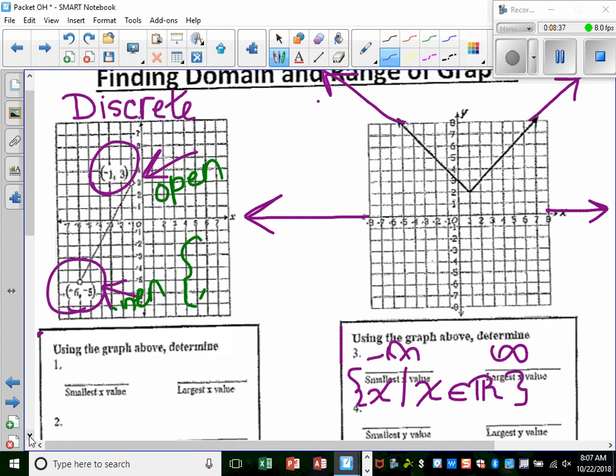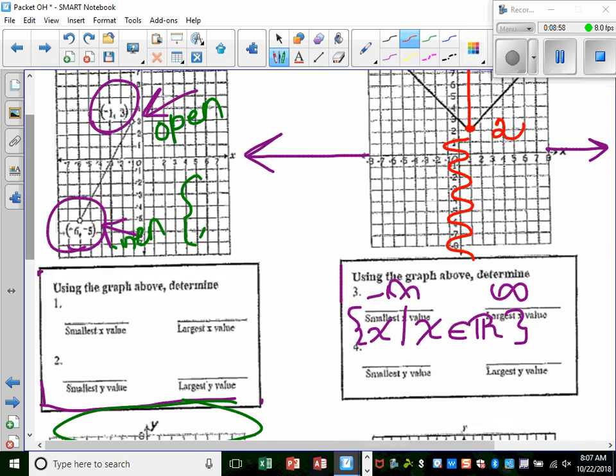Now we can't say the same thing for the y values because I don't even have any y values down here. Okay, my y values actually have a starting point, and then they continue to get bigger as the graph gets bigger. So this starting point is at 2 for the y. So I will call that my smallest y, but then it goes on to infinity.